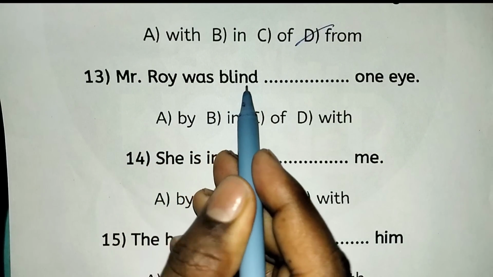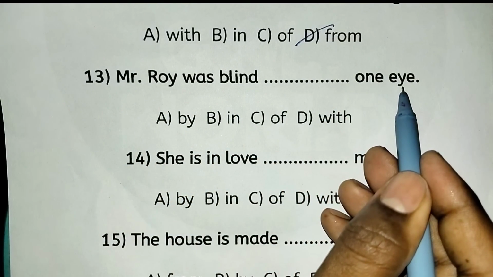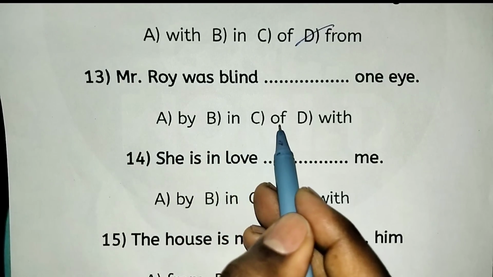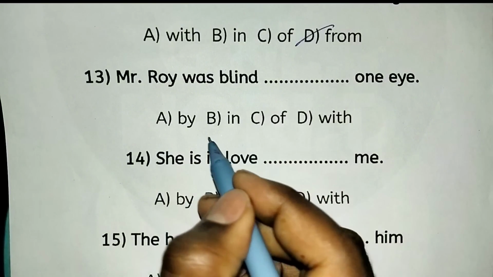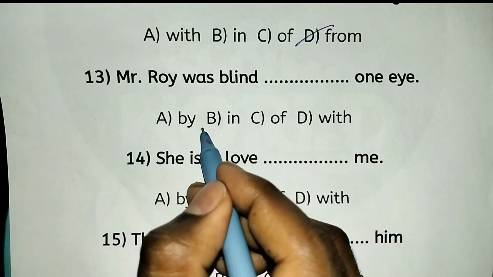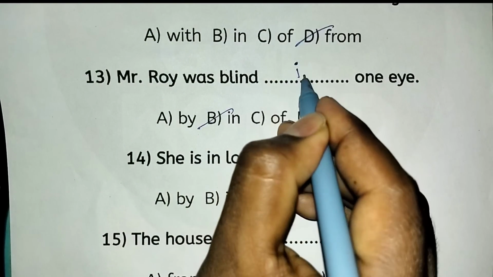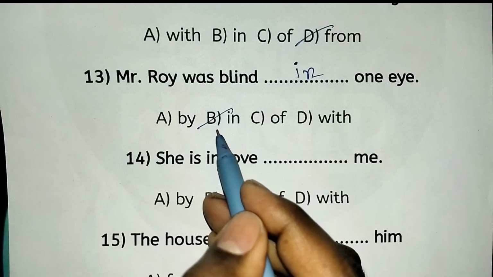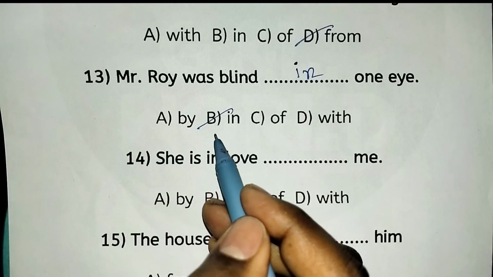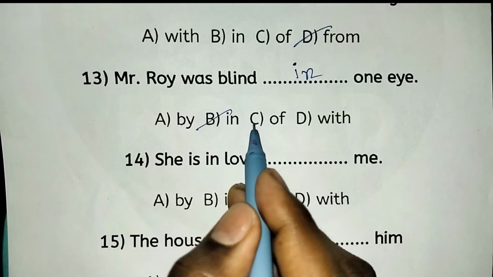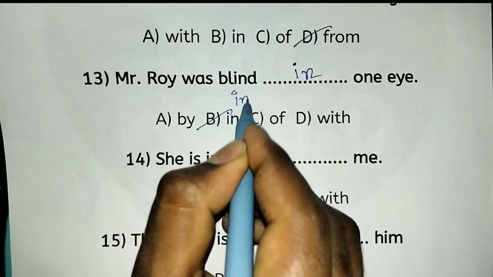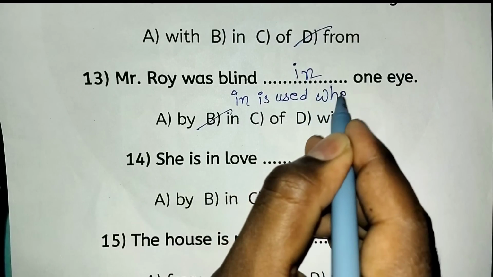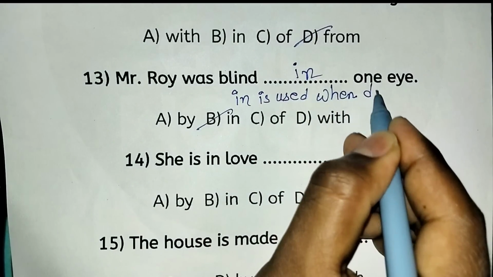Next, Mr. Roy was blind dash one eye. Which one is right? By one eye, in one eye, of one eye, or with one eye? The right answer is option B, in. Why in? Because in is used when describing blindness in the eye.